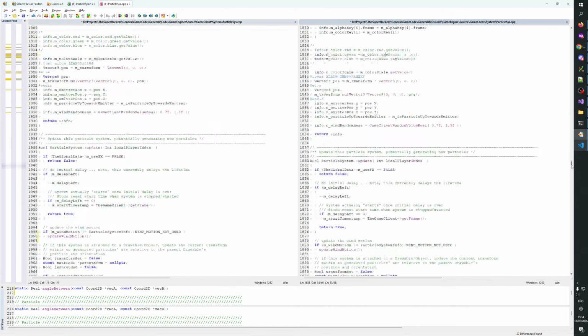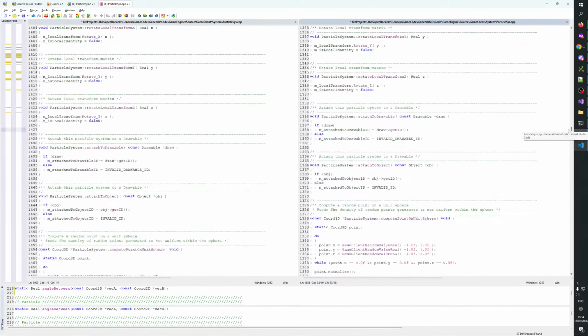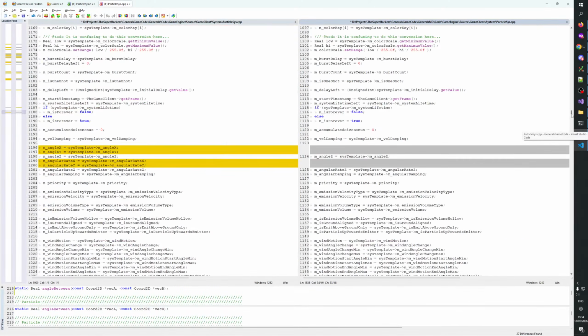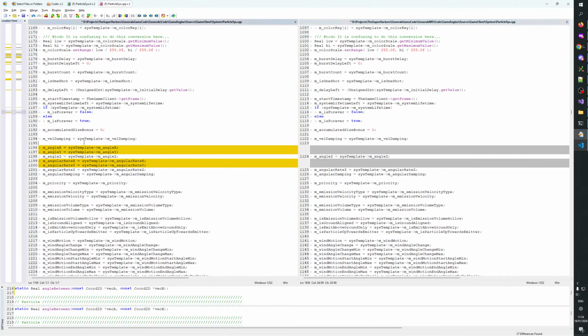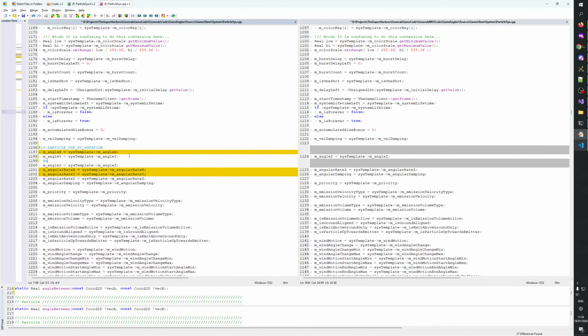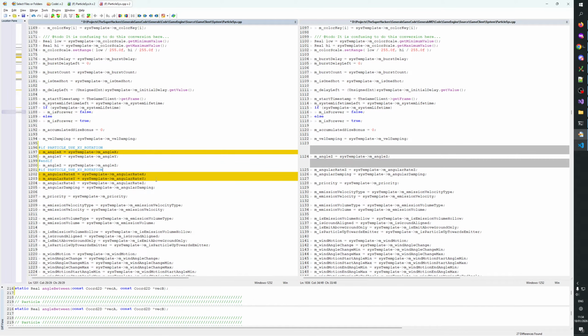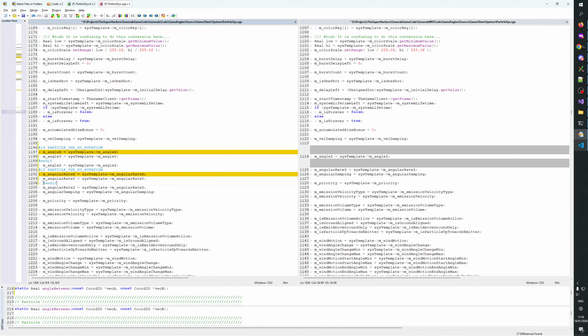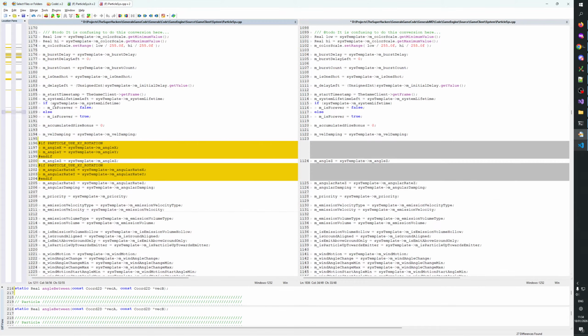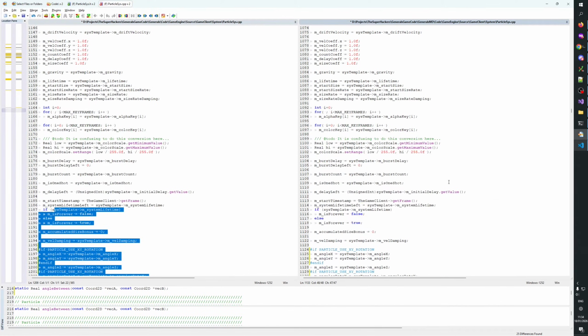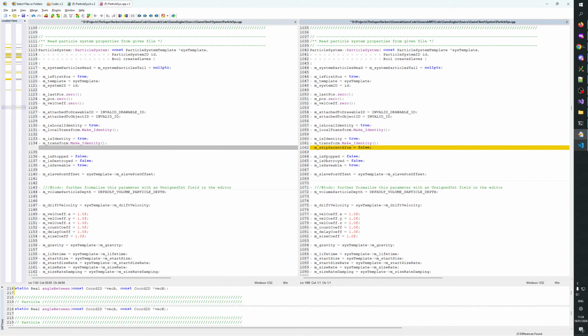Okay, what else do we have? Here we have another one of these. And if. Okay, that looks fine. Okay, skip parent Xform false.